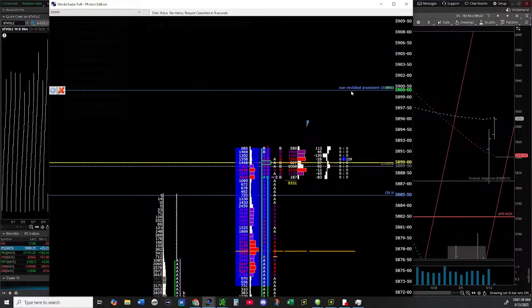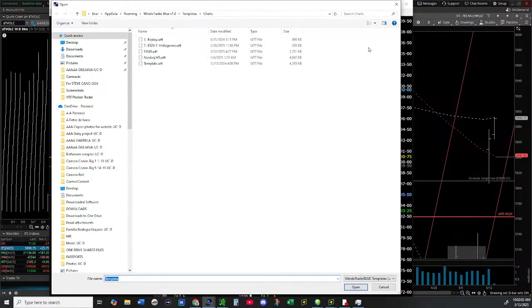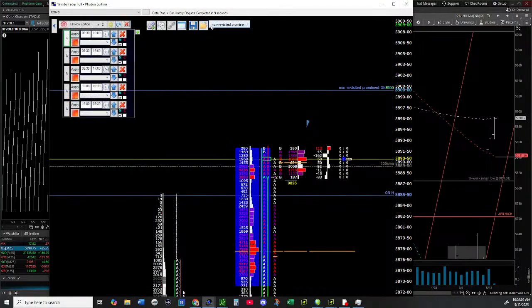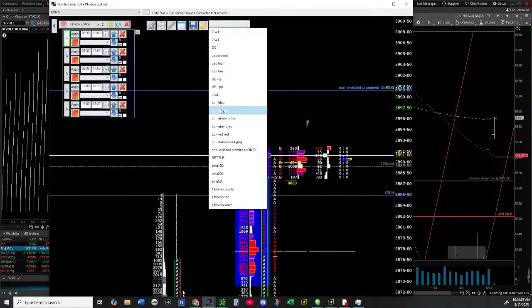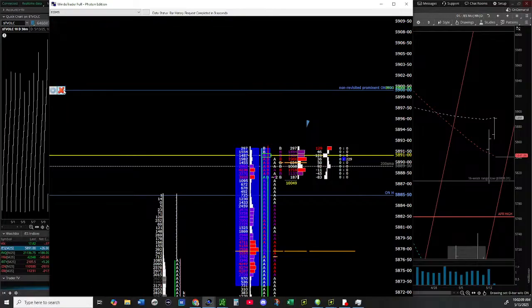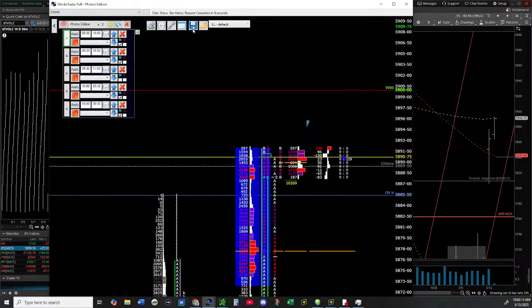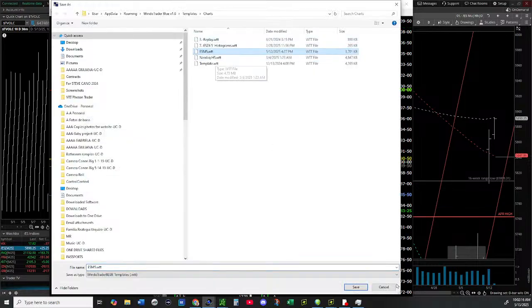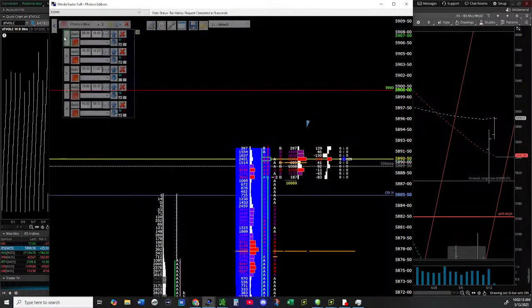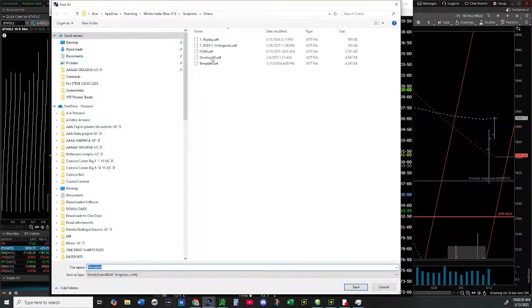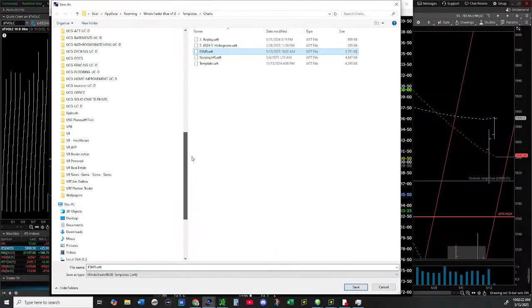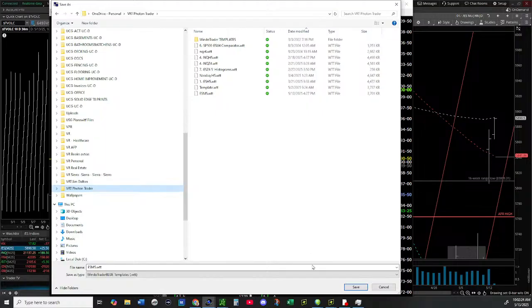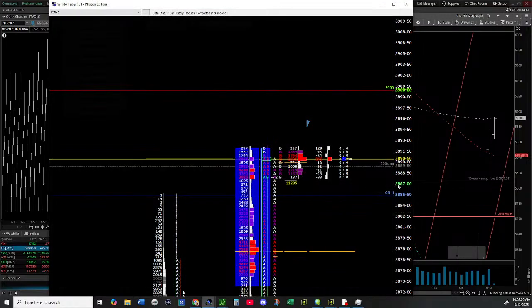Let me put a default line there. Let me save it. Don't want to lose that information there. Photon Trader, save it. Yes. All right. Okay.